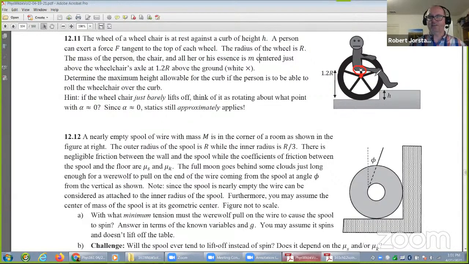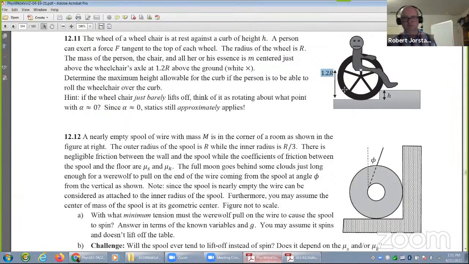Instead of having the center of mass right at the center, sometimes the center of mass of this system might be slightly above the center. Okay, that's what I'm trying to model here. So notice rather than being distance R above the ground, it's slightly above it. Let's say it's 20% higher. So 1.2 R above the ground.